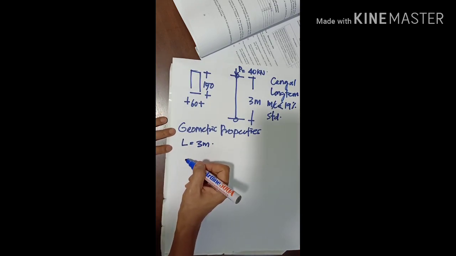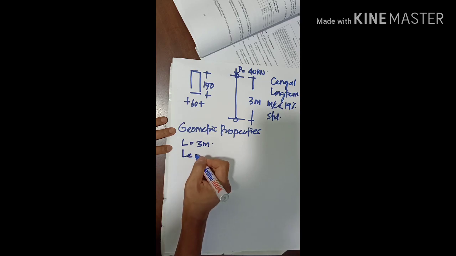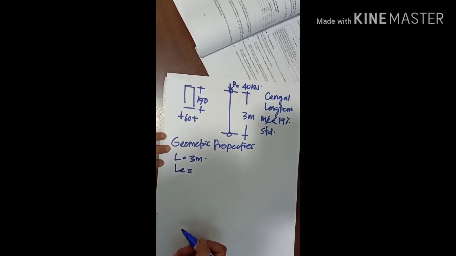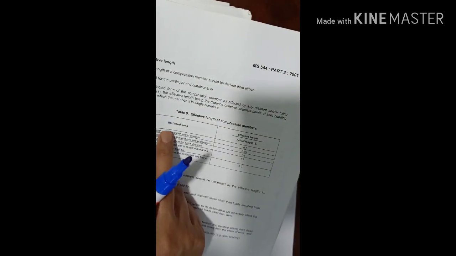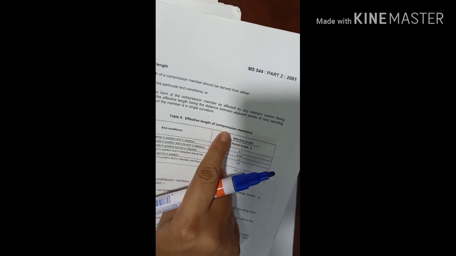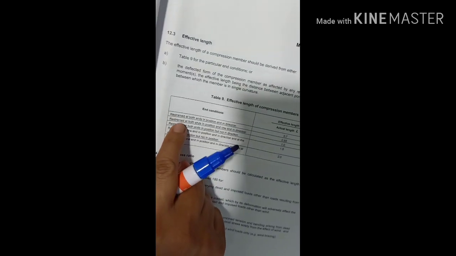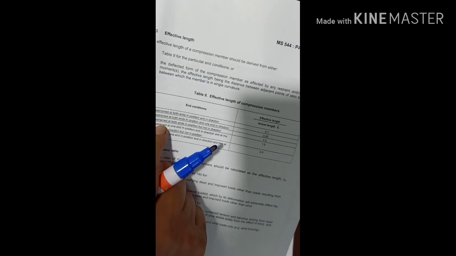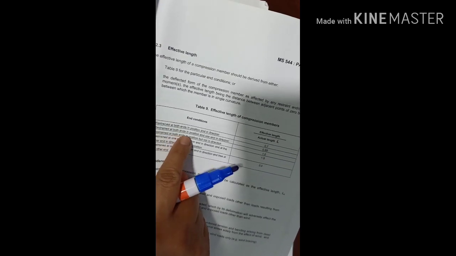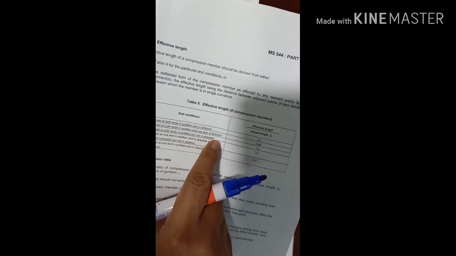Okay, the effective length LE of the column can be determined from Table 9, effective length of compression members. Since our column is a pin column, it is considered as restrained at both ends in position but not in direction.